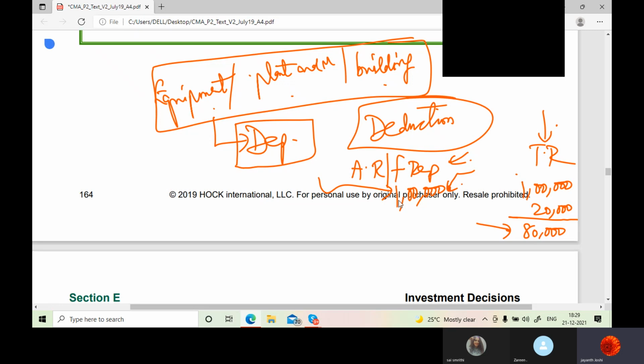Financial reports we prepare to see what our profit is going to be, and we definitely make provisions beforehand to pay taxes to the government, but we have to pay the tax based upon our tax returns. So here 80,000 is my profit, and on that if I pay 30% taxes, it is 24,000.